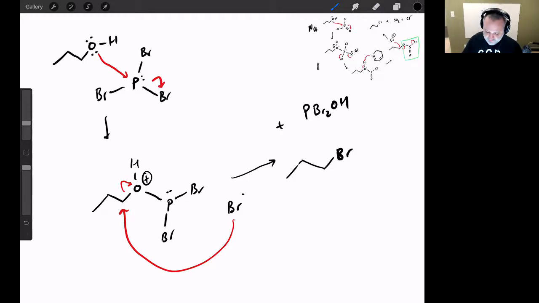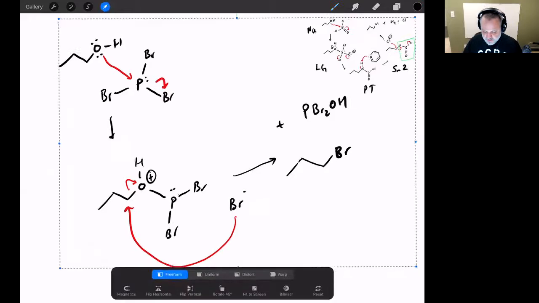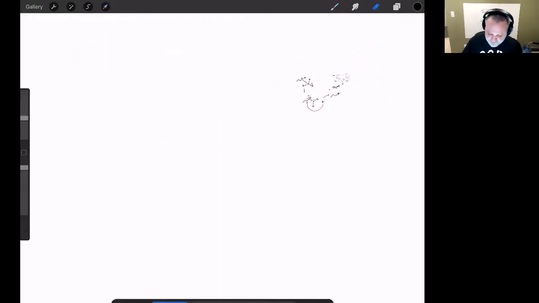Then there's loss of a leaving group. Then there's proton transfer, then there's SN2. And so there are 2 extra steps, but remember they both involve nucleophilic attack and the SN2 step. And remember that SN2 step is what's going to remind you that at the end of the day, there's going to be an inversion in the stereochemistry if there is one to be had.